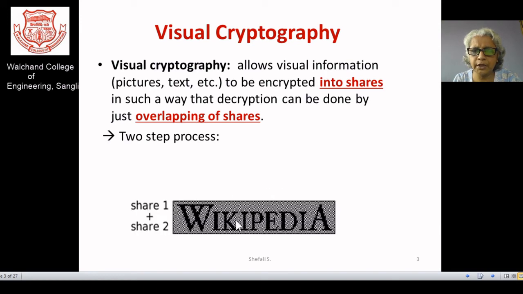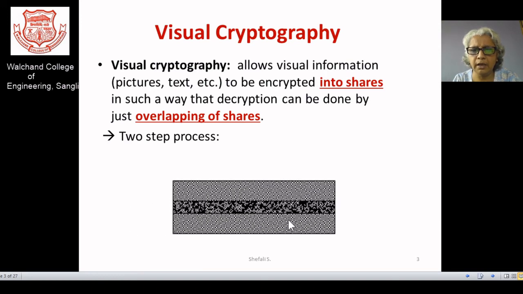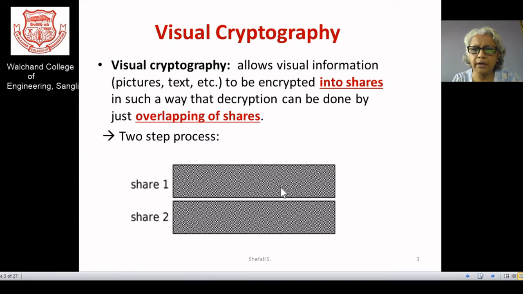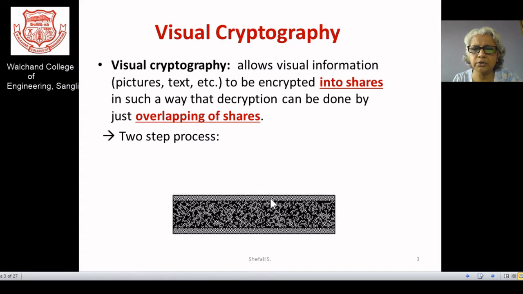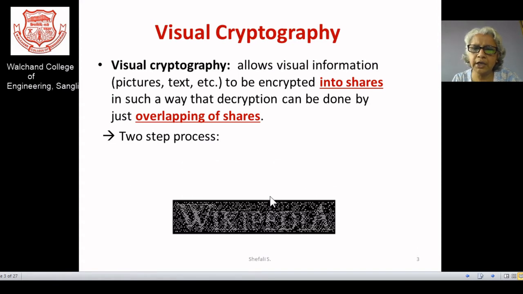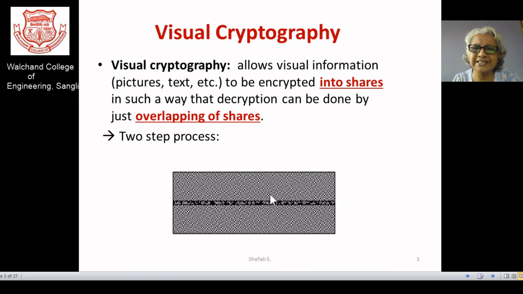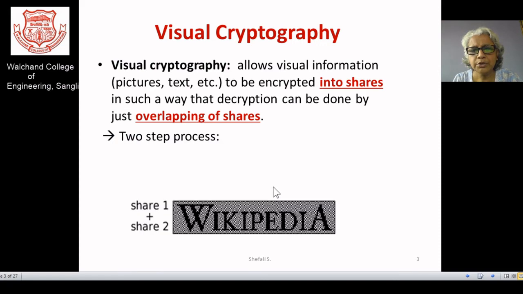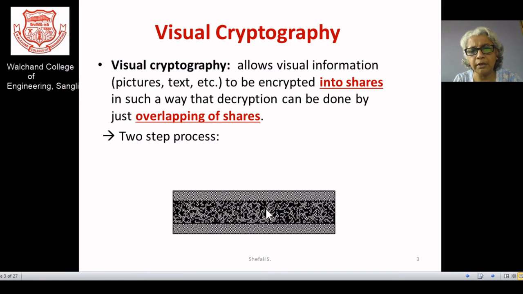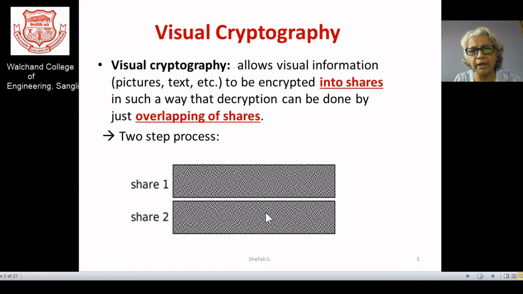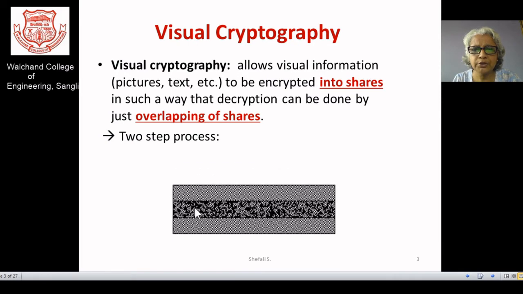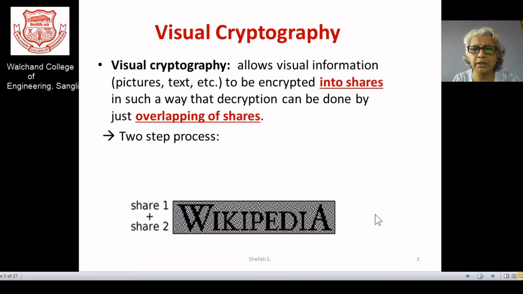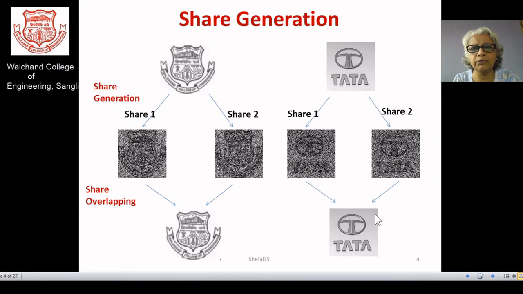Say whatever is your data, say on Wikipedia, is divided into two different shares. The individual share looks like nonsense information, that means noise-like information. Once those are overlapped in the correct way, then you can retrieve the information as it is. So these two shares are demonstrated here, and that will give you some idea.